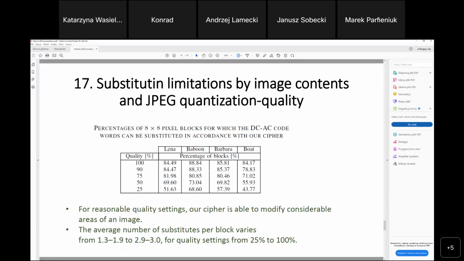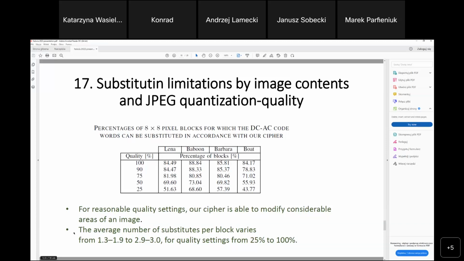This table shows how many 8 by 8 pixel blocks can be replaced in accordance with our cipher. As we can see, this is from about 50% to more than 80%. So this is sufficient to rather well hide encrypted image contents.